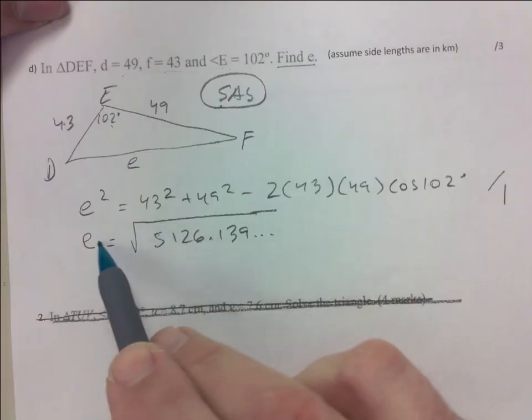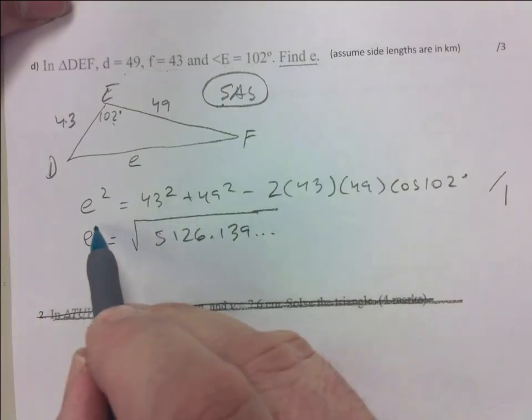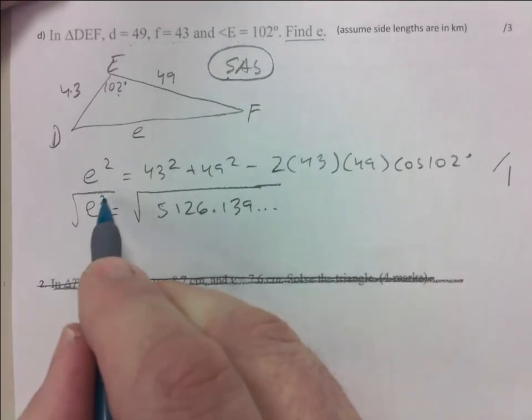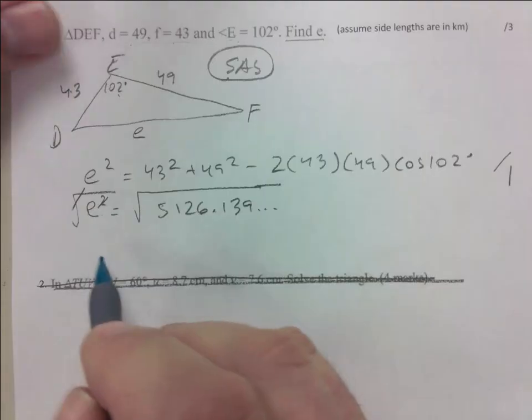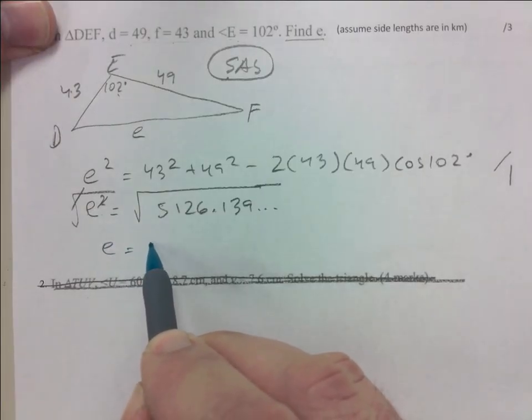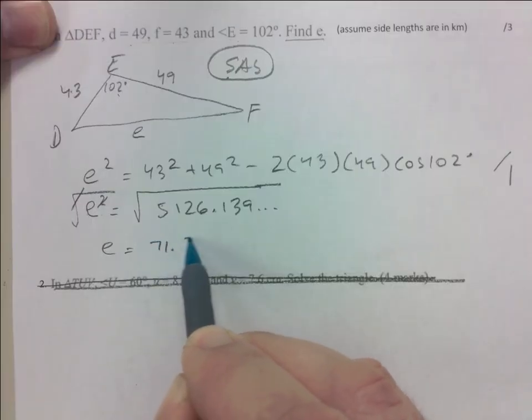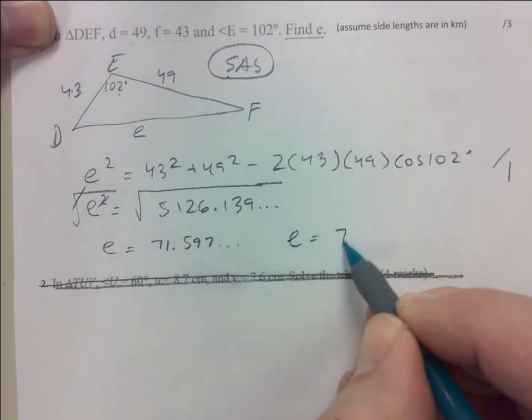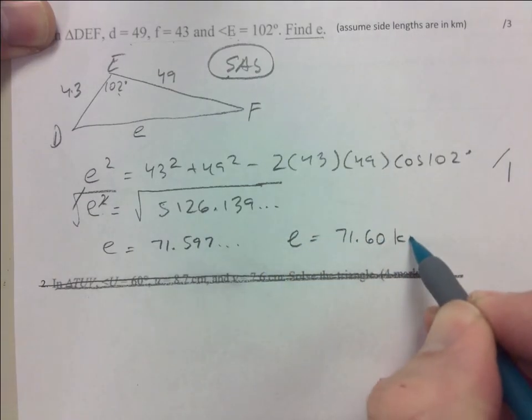And I already have the square root. If you did this, that is just fine, okay? But this cancels out essentially, that's why I'm just left with E. And so next would be 71.597, right, something. So E should be 71.60 kilometers.